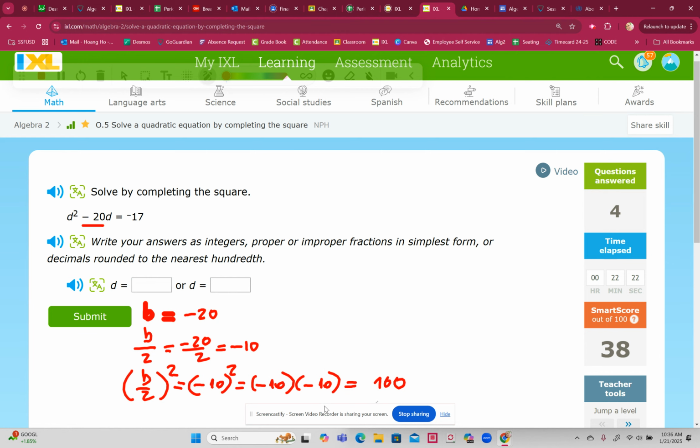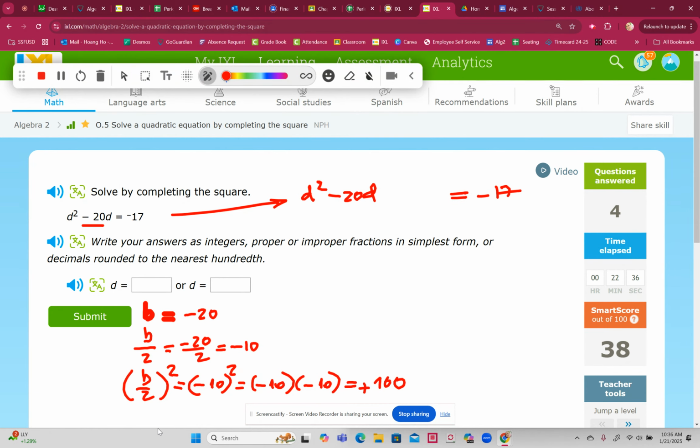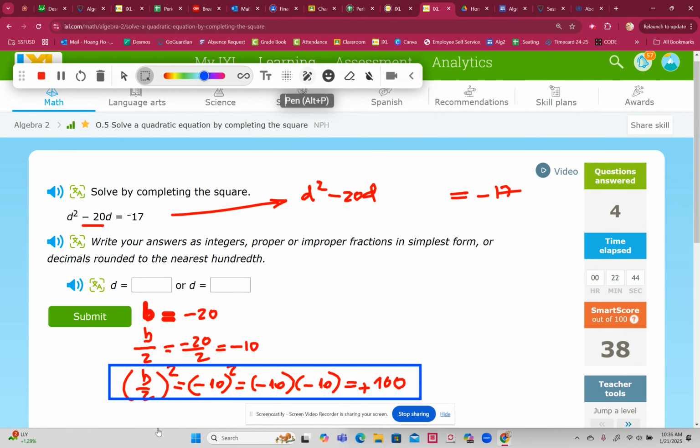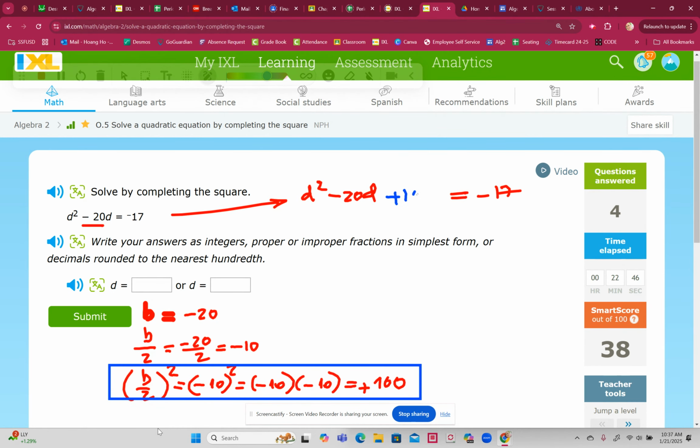Negative sign times negative sign become positive. Alright, so now Brian Chan, D square subtract 20D equal negative 17. You need to add the B over 2 on both sides. So now you're going to add 100 on both sides. That's it.